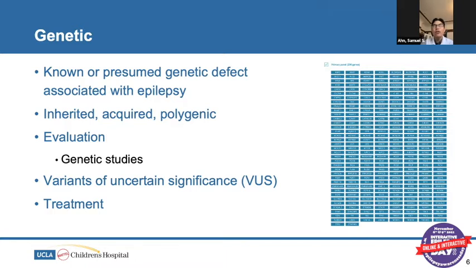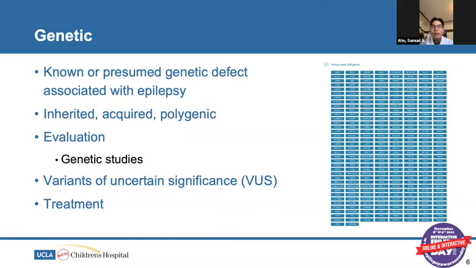Now, the evaluation for genetic epilepsy entails a genetic workup, aside from the standard EEG and any other neuroimaging studies that we may acquire. A genetic study in the infantile or neonatal period often starts with a simple evaluation of the chromosomes or chromosomal microarray to evaluate for any large deletions or duplications in the genetic makeup.